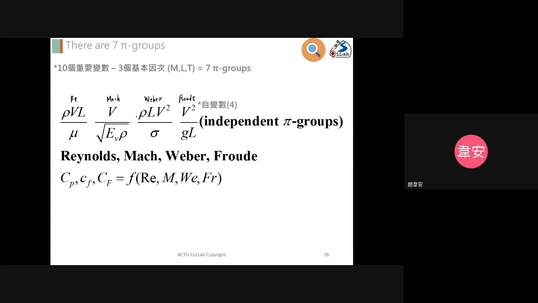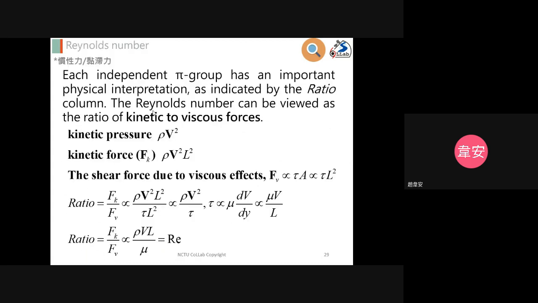So, what is the physical importance of the following four independent pi groups? I will introduce them individually in the following slides.